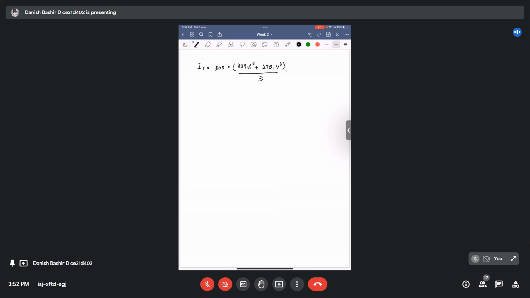Plus 12.33, which is m minus 1, that is 13.33 minus 1, times Ast 1963, times 220.4 whole square. This is the distance y. IT came out to be 6.733 times 10 power 9 mm power 4.